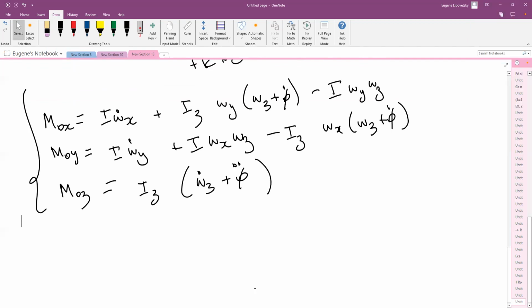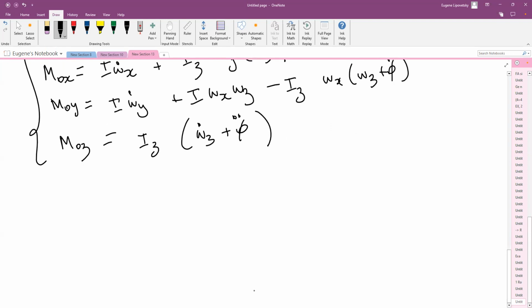Now, about the omegas, in terms of the Euler angles, we have omega x equals theta dot. Omega y we already wrote down.